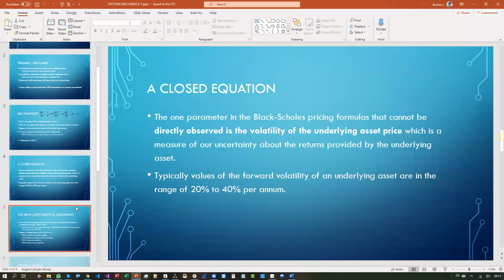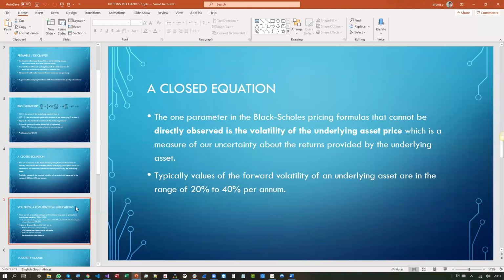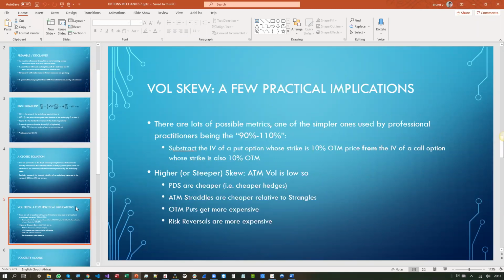So what is the vol skew? Here again, we just look at the vertical skew, for reasons of demand and supply and the need to hedge.